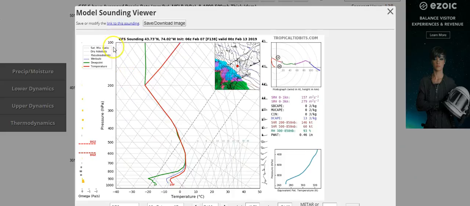The left side shows the different pressure levels of the atmosphere, starting from the surface and going all the way up to 500 millibars, which is the map we use when we look at our jet stream maps, and on it goes up to 300, 200, and beyond.